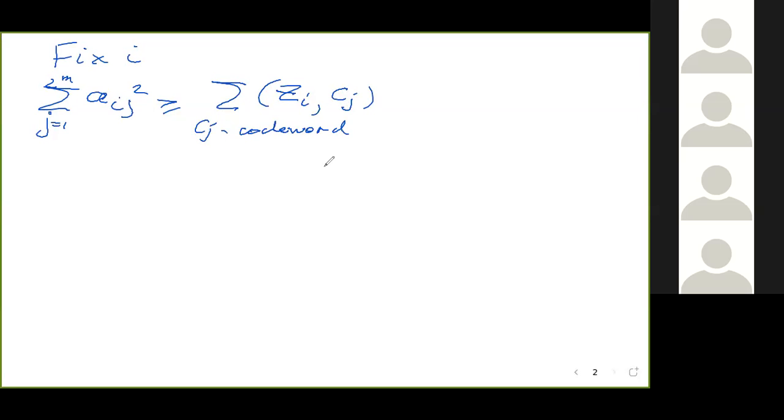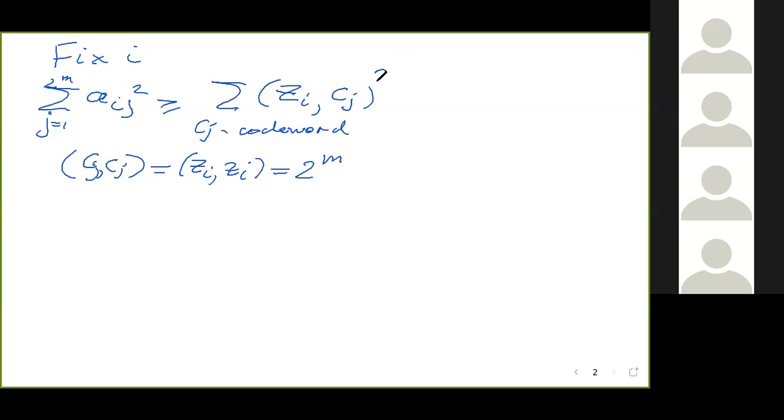Now we know that all the code words are pairwise orthogonal. So let's normalize them. So the inner product of each code word and also the inner square of zi is 2 to the m, because these are strings of 2 to the m plus minus ones. But let's normalize all the code words.